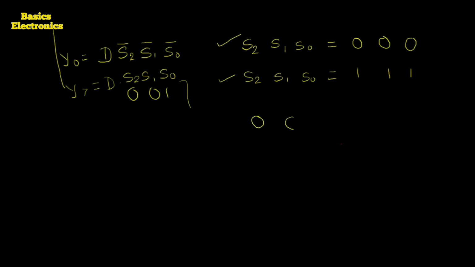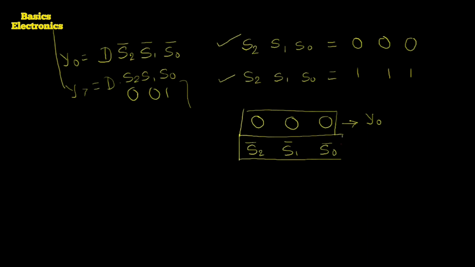Suppose the entry in the truth table is 0, 0, 0. It means here for this gate having the output y0, you must make the connection as s2 bar, s1 bar, and s0 bar. Means where there is a low input in the select code, for that AND gate you have to apply the active low line or inverted select input.